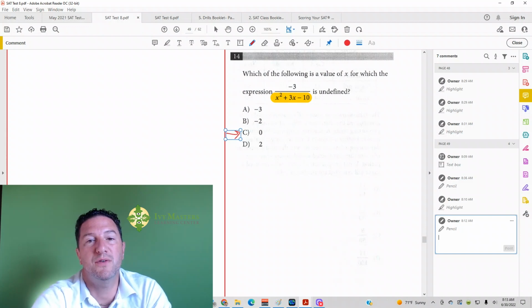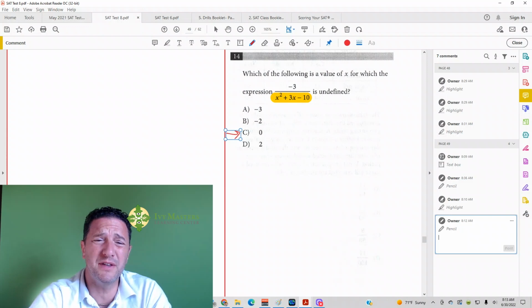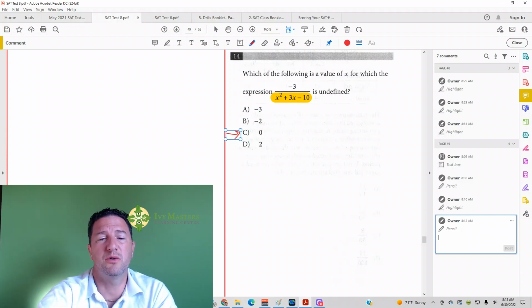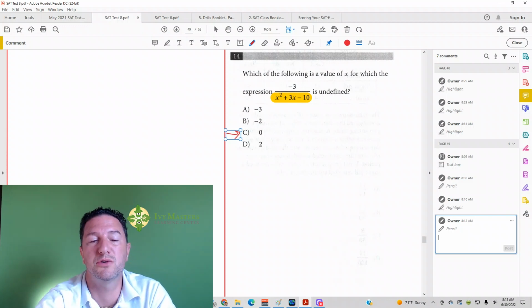So there's half a chance that that's the only one you have to test out. But even if it's too big, then you eliminate C and D, and then you check A, and either it's right, or it's too small and you know it's B, or you check B and it's right, or it's too big and you know it's A. So you only ever have to test out two answer choices when you start with a middle answer choice, as long as it's the type of question where you can tell whether you should go bigger or smaller.